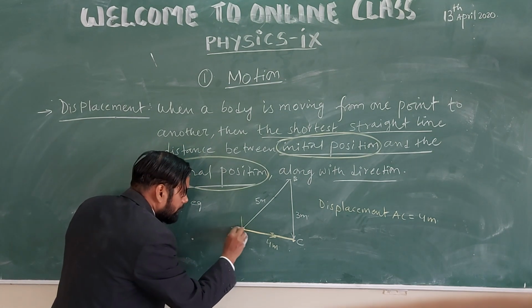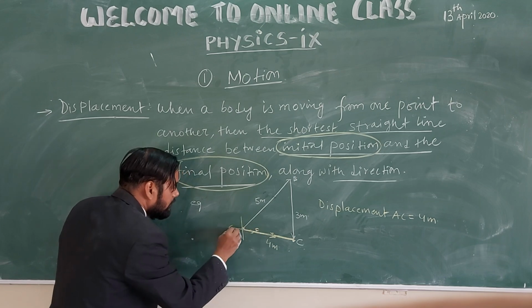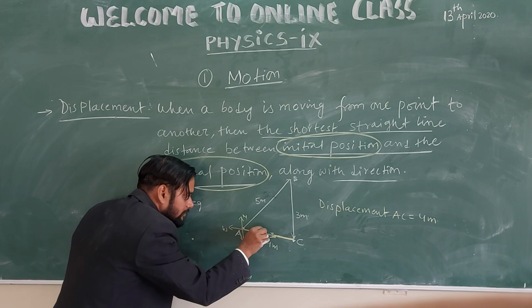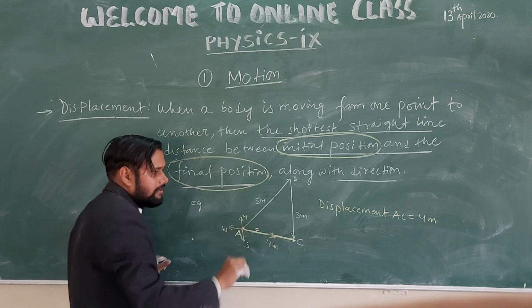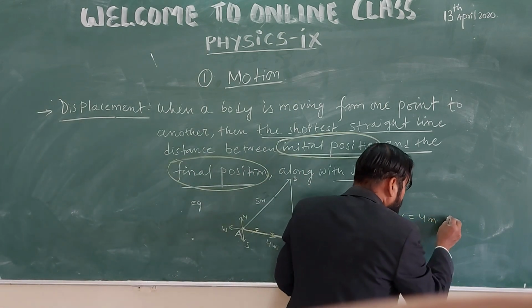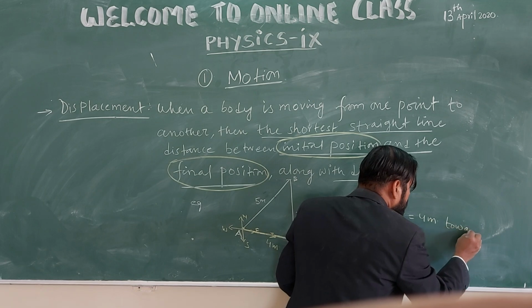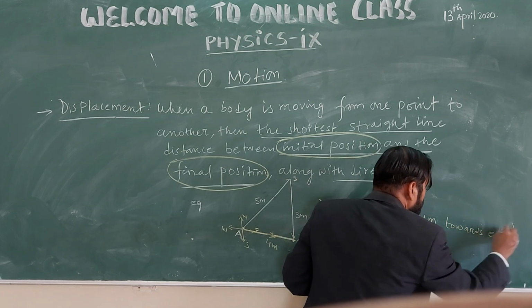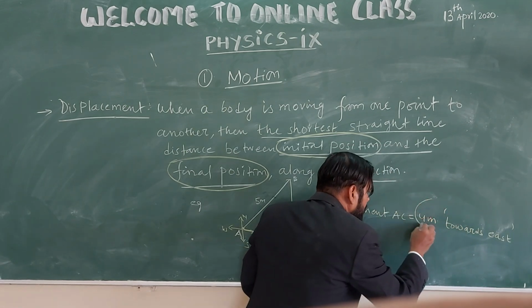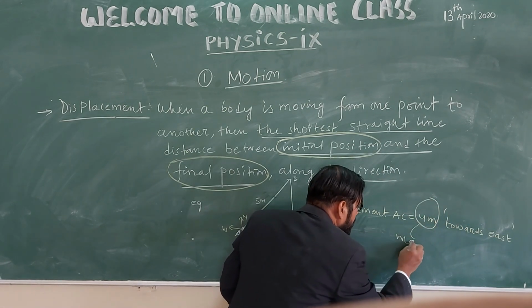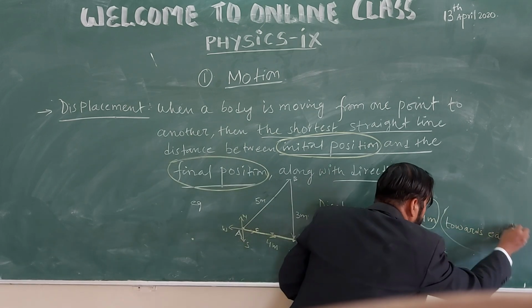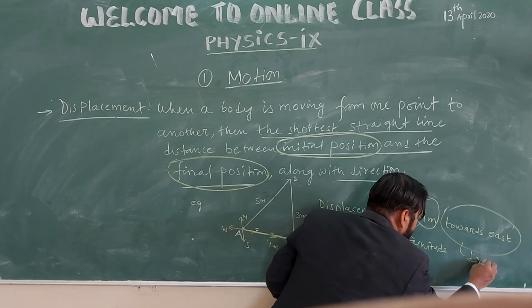So see, east, west, north, south. It is moving in the direction of east. So we will write 4 meter towards east. This 4 meter is the magnitude, and this towards east is the direction.